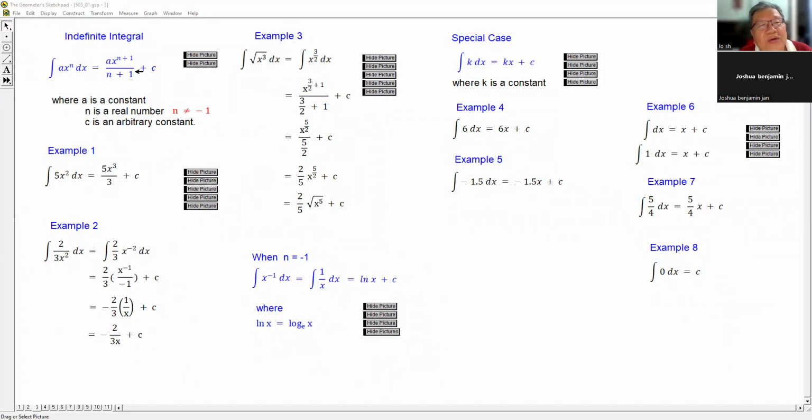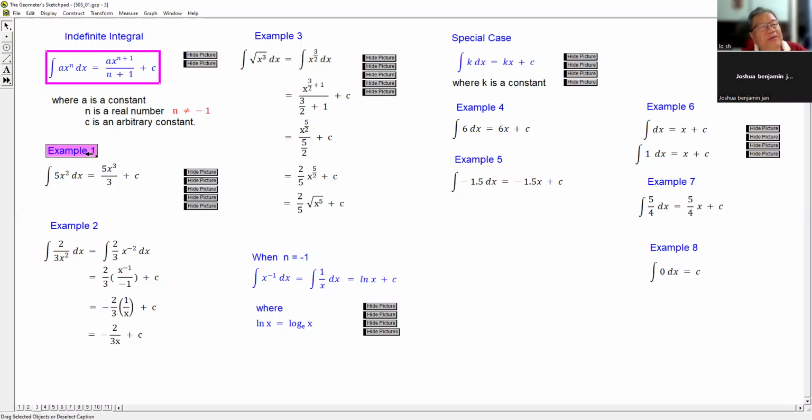So this formula will only work with n equals other numbers. Whether it is whole number, fraction, or negative numbers, it works, but cannot be -1 only. Okay, now I explain to you how to use this formula to integrate.